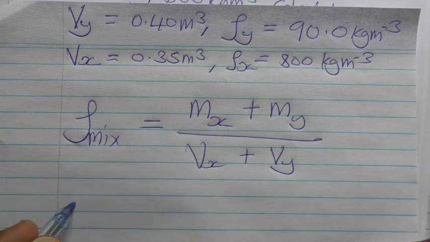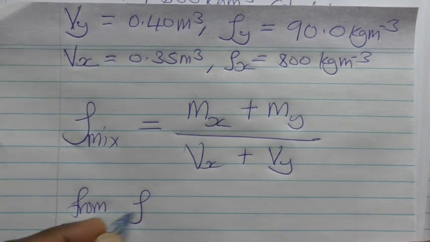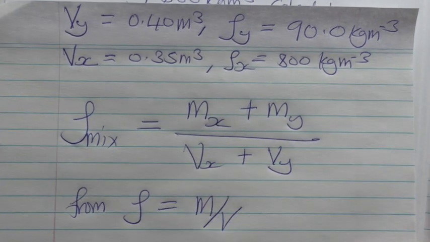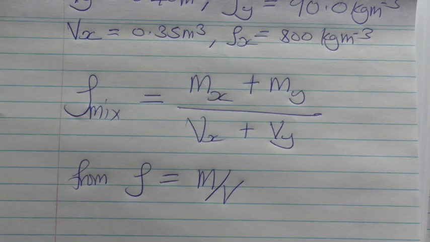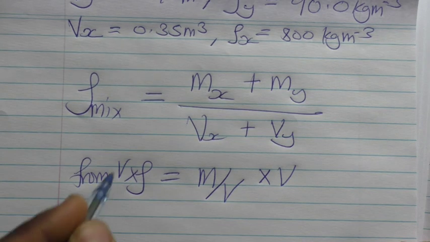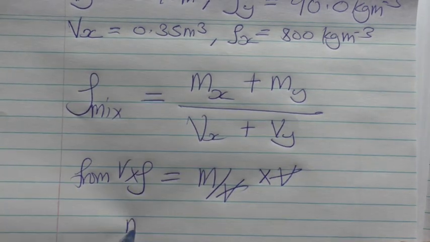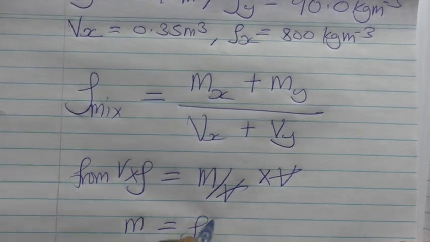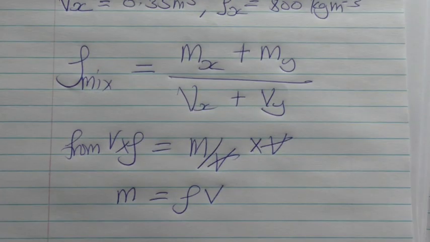From density equals mass over volume, since we want mass, we make it the subject. That gives us mass as density times volume. Since we are given the volumes and densities, we can find the mass.